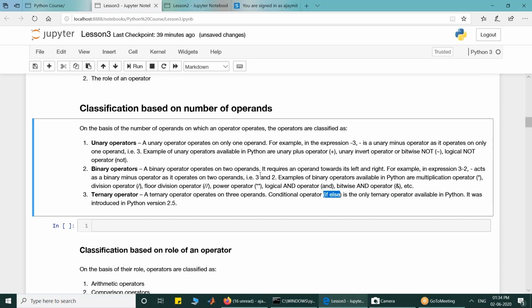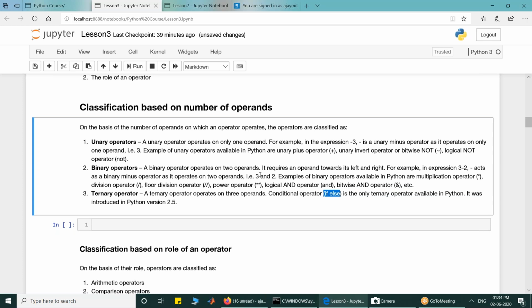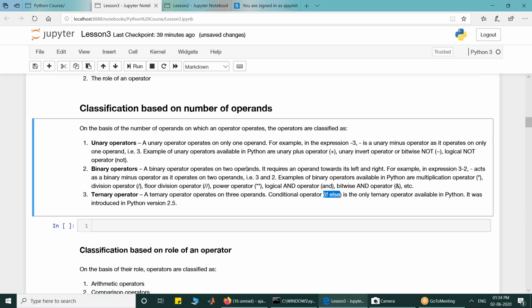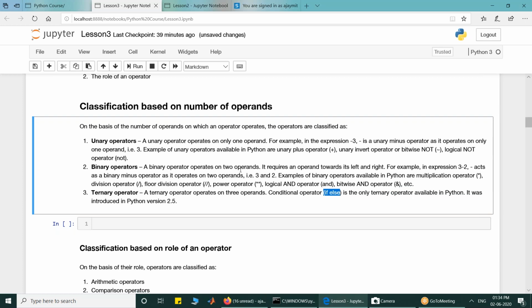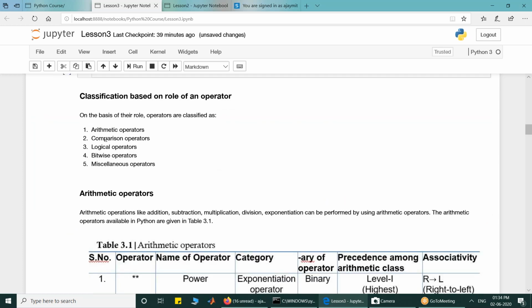Other operators, they are unary or binary. So depending upon the number of operands on which the operator operates, we categorize into three parts: unary, binary, or ternary. Then depending upon role, we categorize the operators into arithmetic operators, comparison operators, logical operators, bitwise operators, and miscellaneous operators.